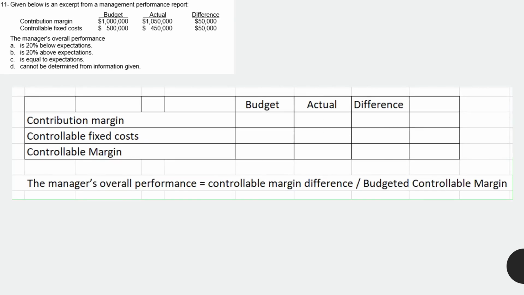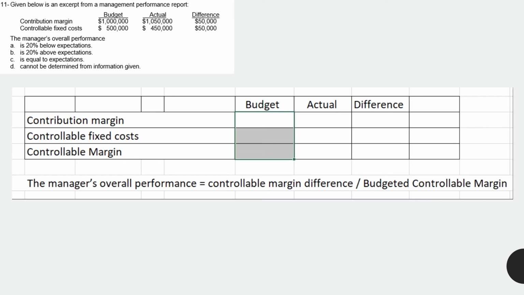Question 11 says we're given an excerpt from the management performance report with the following information. There's a budgeted contribution margin of $1 million with an actual of $1,050,000. They have controllable fixed costs budgeted at $500,000, but actual controllable fixed costs came in at $450,000. And we're asked to determine the manager's overall performance.